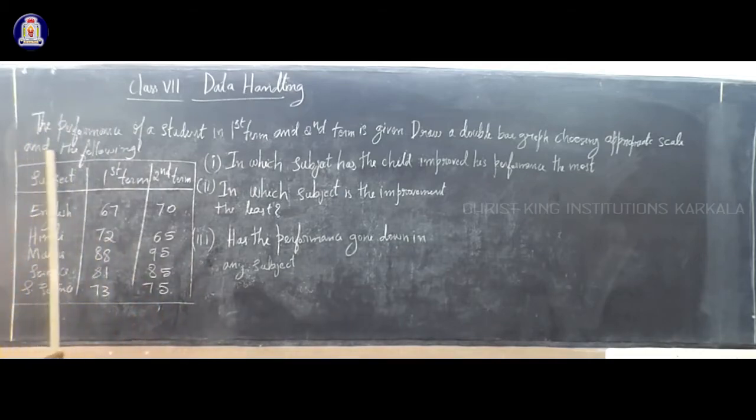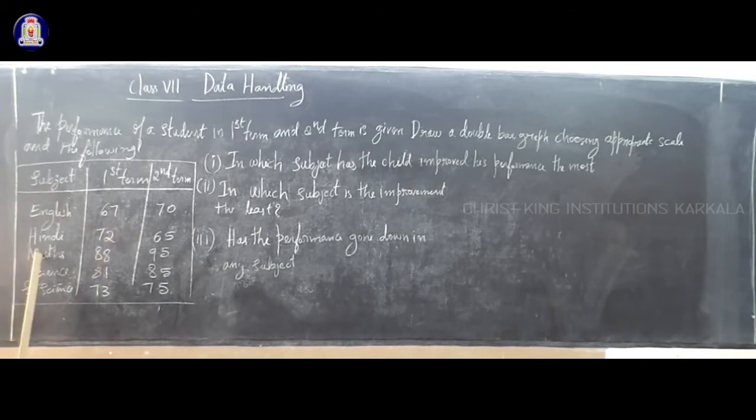The following table is given. Subject, the first column: English, Hindi, Maths, Science and Social Science. In the first term in English he scored 67 and in the second term 70. In Hindi, the first term he scored 72 marks and in the second term 65. The marks decreased. Clear?